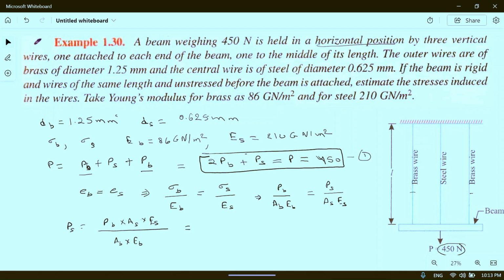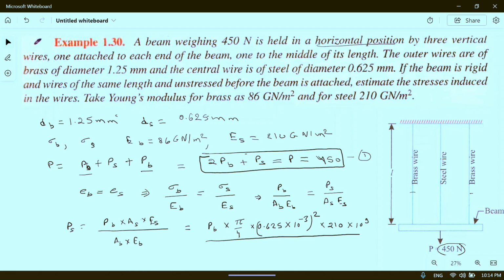We can put the values here. P brass we don't know, we have to calculate, into area of steel, which is pi by 4 into d of steel, the diameter of steel is 0.625 into 10 to the power minus 3 meter, squared, into elasticity of steel, 210 into 10 to the power 9, because it is in giganewton.